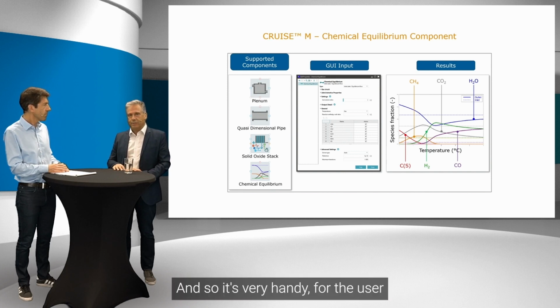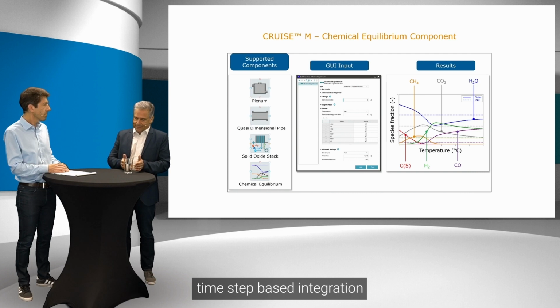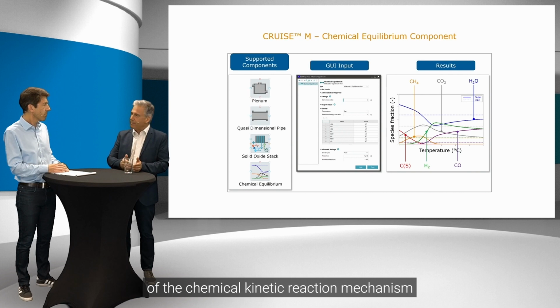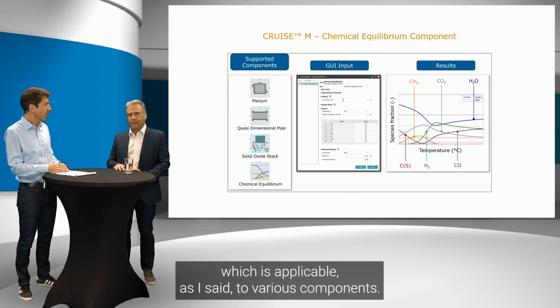So it's very handy for the user to either use the classical time step based integration of the chemical kinetic reaction mechanism, or to use this chemical equilibrium approach, which is applicable, as I said, to various components.